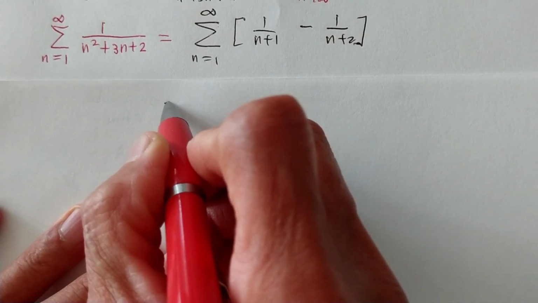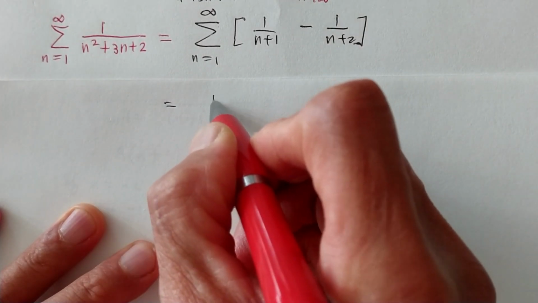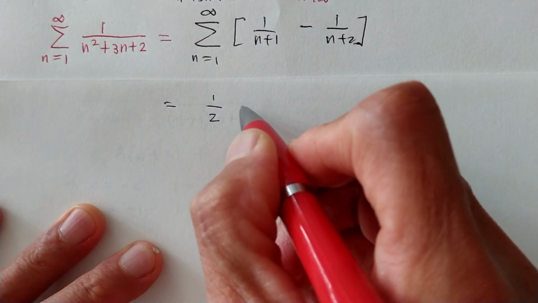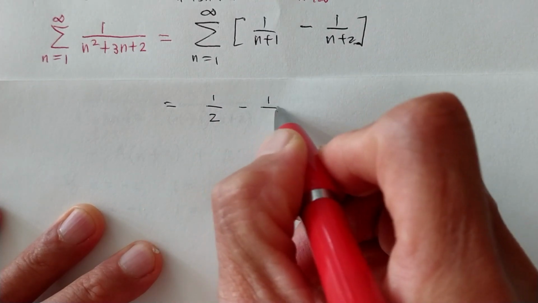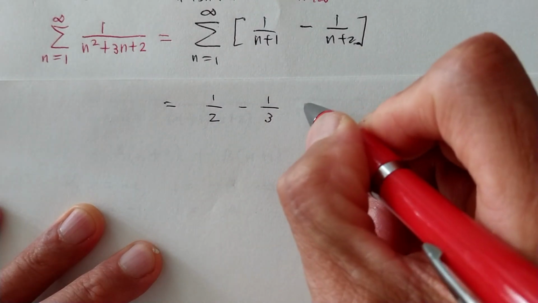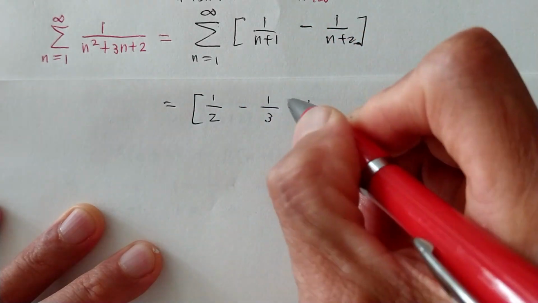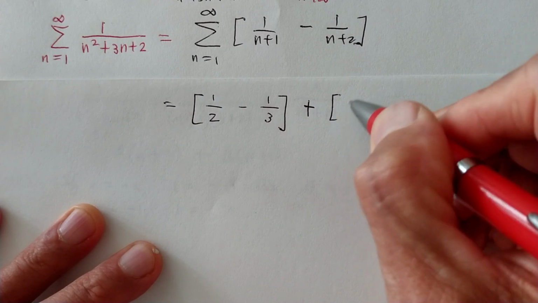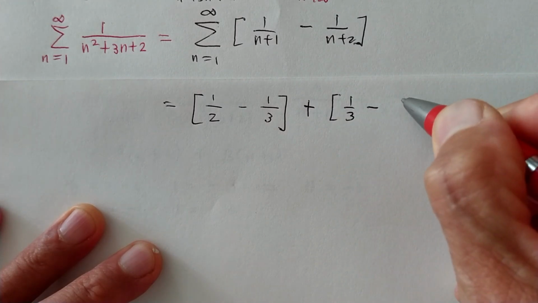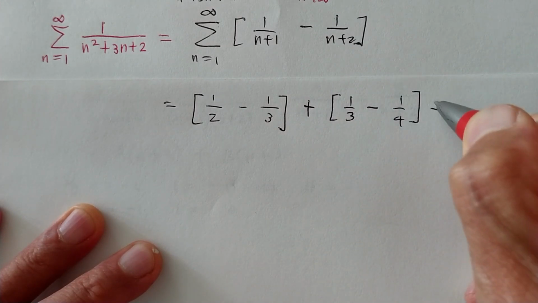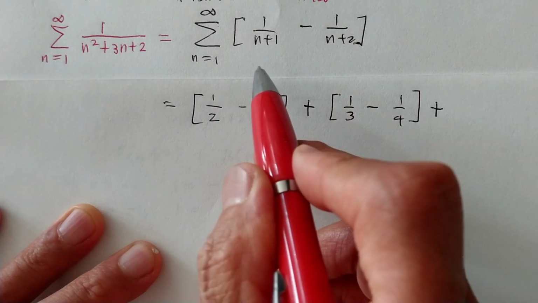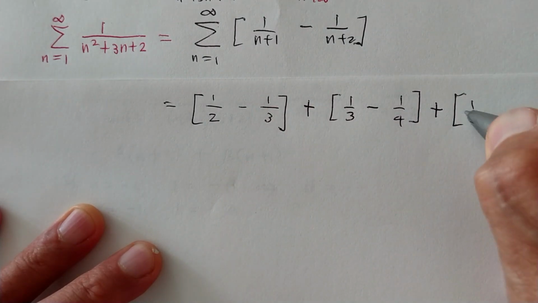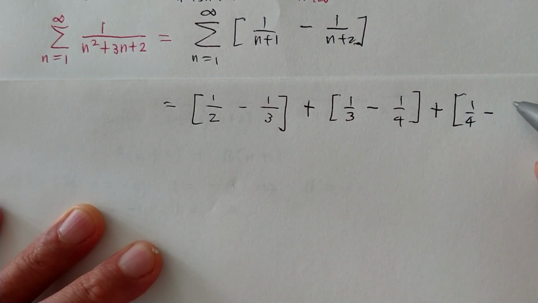If n is equal to 1, then we will get 1 over 2 minus 1 over 3 plus, let's do the next term. If n is equal to 2, then we will get 1/3 minus 1/4 plus, if n is equal to 3, we will get 1/4 minus 1/5, and so on.